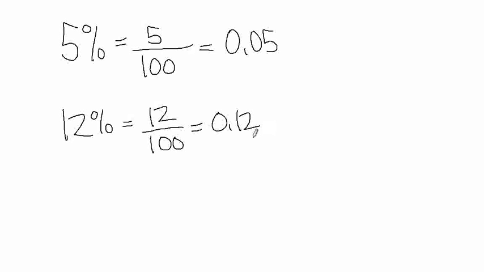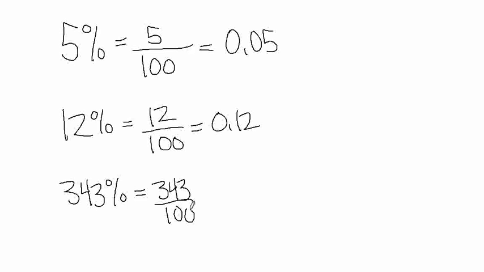Okay, what about a number like 343? So we can have a percent, 343%. We do the same steps we did for the previous two examples. We can find the equivalent fraction by dividing by 100.